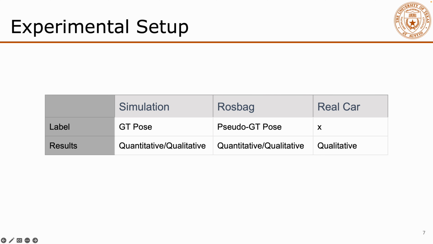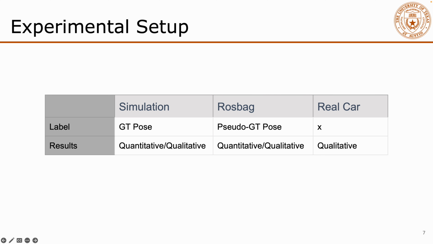So for quantitative results, as we show here, in both simulation and rollback, we perform better than the baseline after optimization, and it's more significant in the rollback scenario.